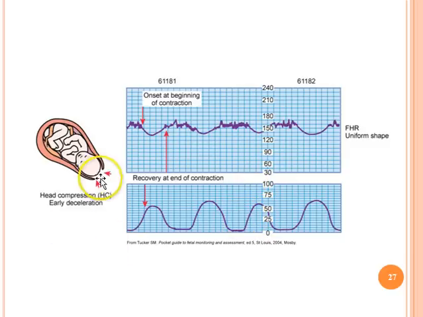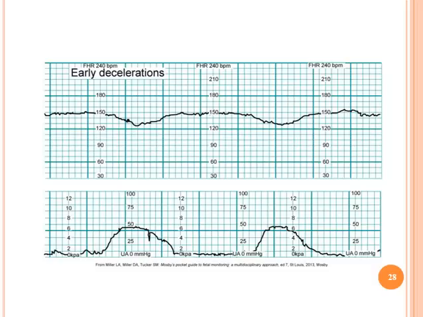And we know that early decelerations are benign, and they're usually caused by head compression. Here's just another, this is actually what you'll see, the fetal heart rate tracing, and this is showing that it's going down before the peak of the contraction. So those are early decelerations.